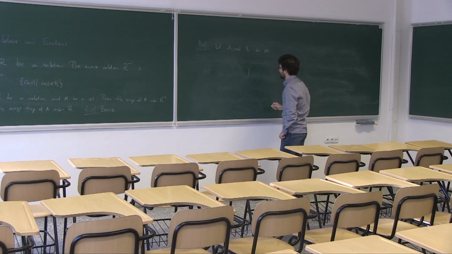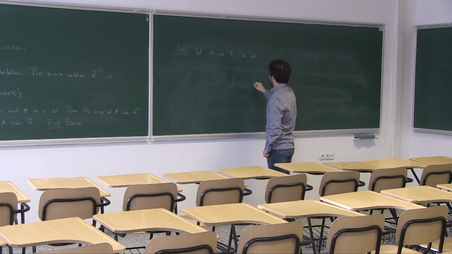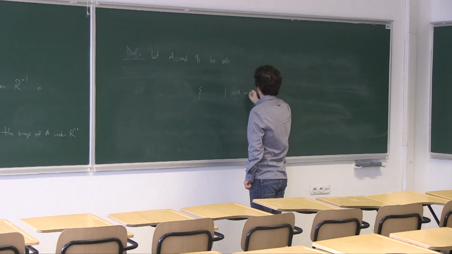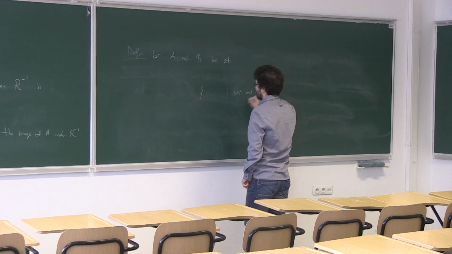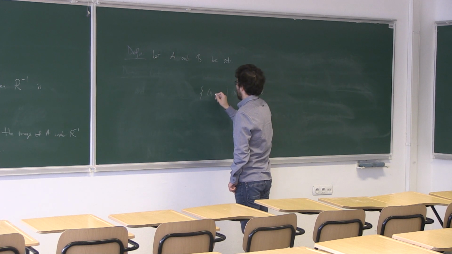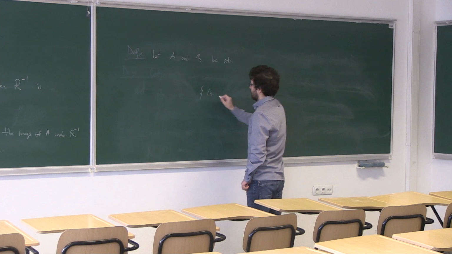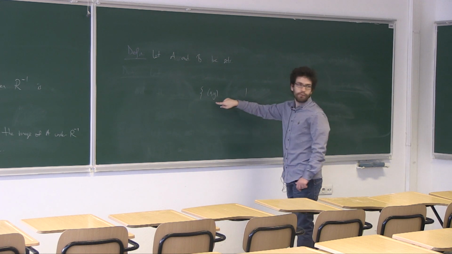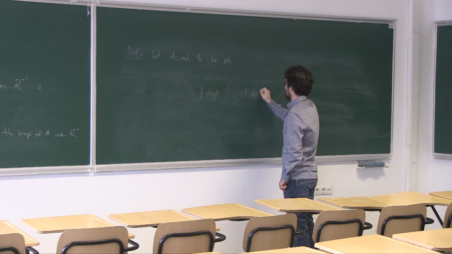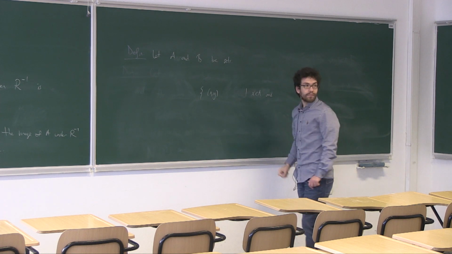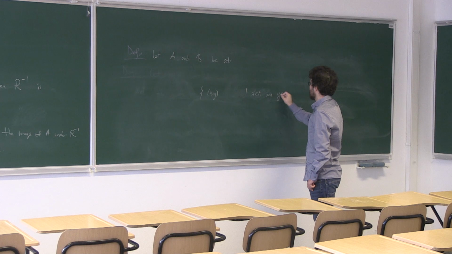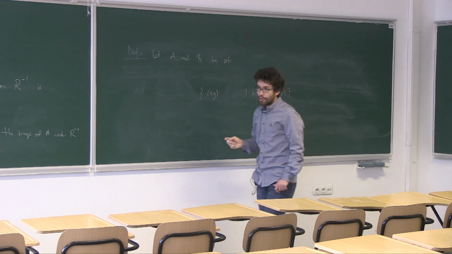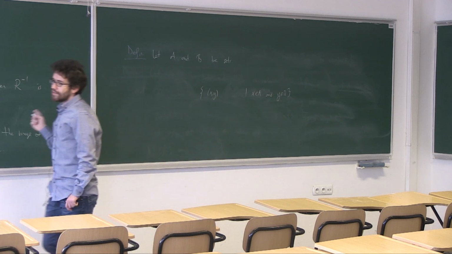Now, I want to form a set of all ordered pairs where the first component comes from A and the second component comes from B. Why is this a set?